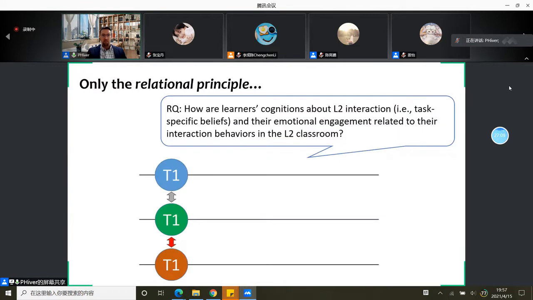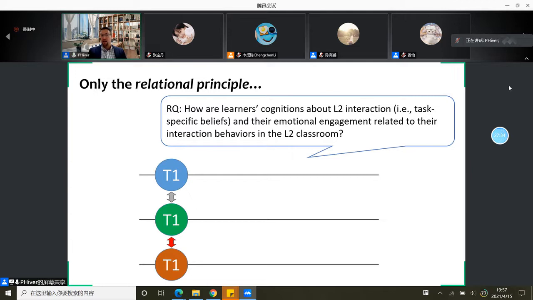So some more examples. Remember, the relational principle says, things don't exist on their own. Phenomena only make sense in relation to other phenomena. So if we were to structure research questions or a research project and design it around the relational principle, this is an example of what it might look like.